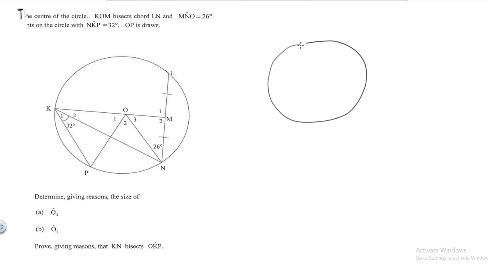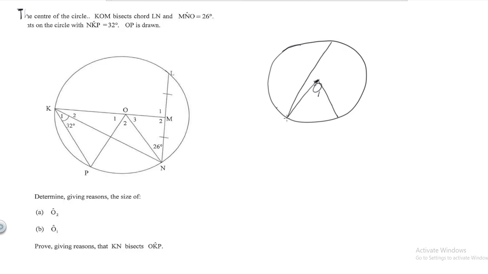If this is our circle and this is a center, the previous grade we learned the angle. This is a center O. If we have this, we can call this O1.